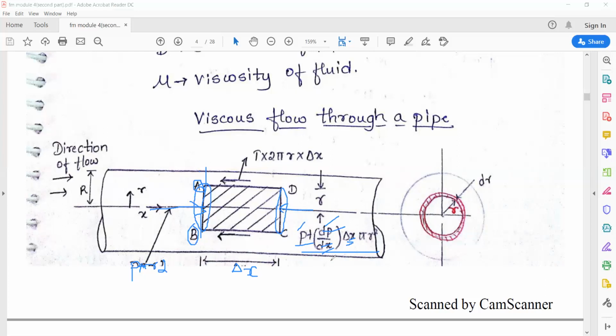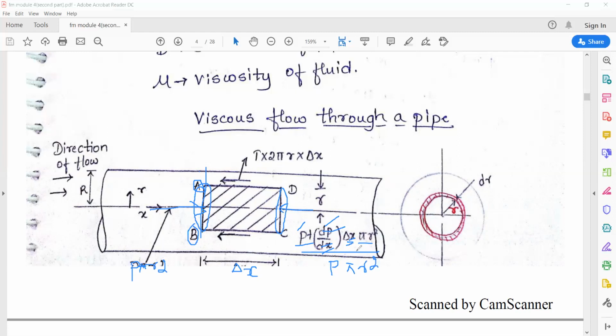That is the pressure term, multiplied by the area. The area is pi r square with respect to radius, if you want to write the cross sectional area. So P has to be written with respect to the partial differential equation, that is, the Taylor series of expansion.